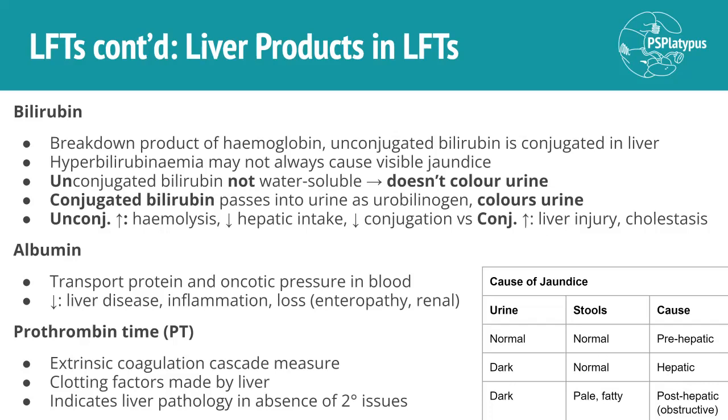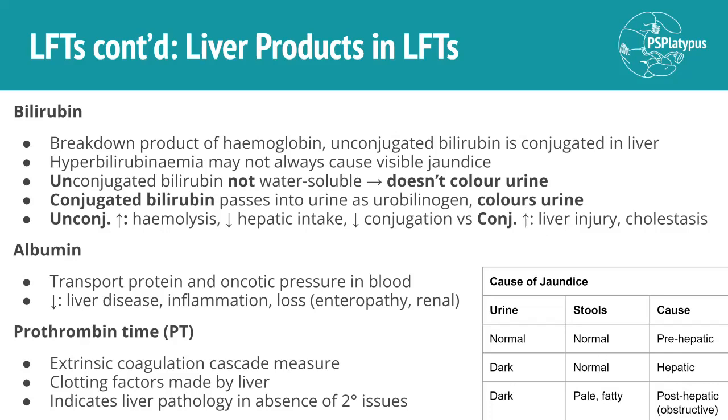blood destruction, so hemolysis or damaged red blood cells, decreased hepatic intake. Let me just elaborate a little bit more. We have unconjugated hyperbilirubinemia and conjugated hyperbilirubinemia, so we're just looking at which type of bilirubin is increased.